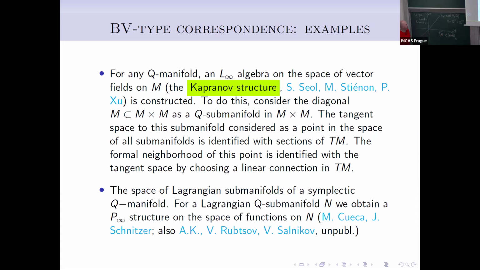And this is the exponential, which is simply the geodesic map. Then the Q structure here transfers to the Q structure here by use of this map.